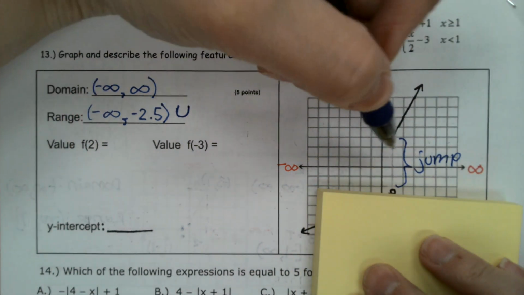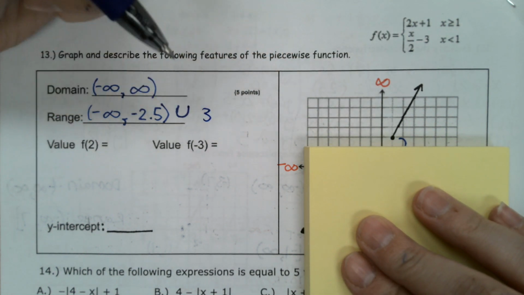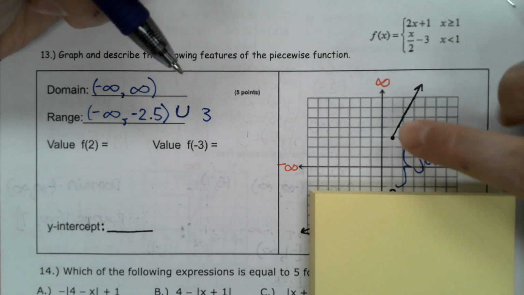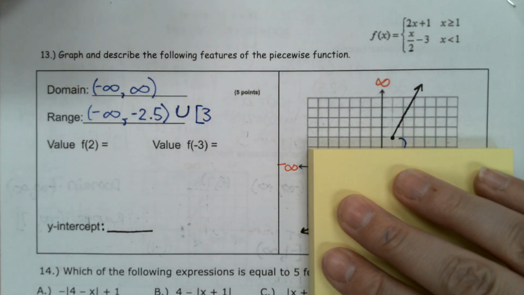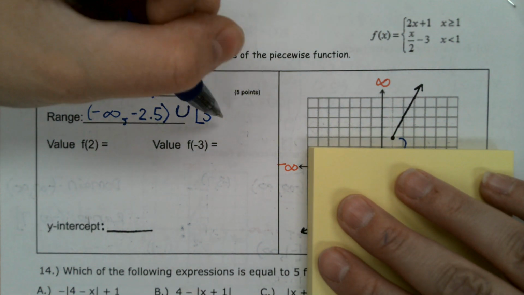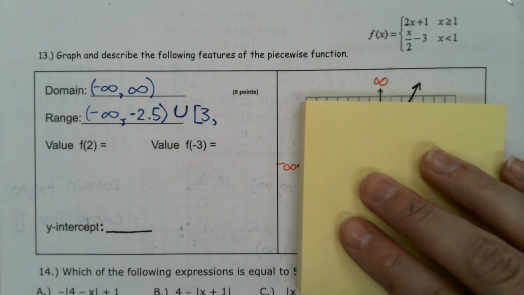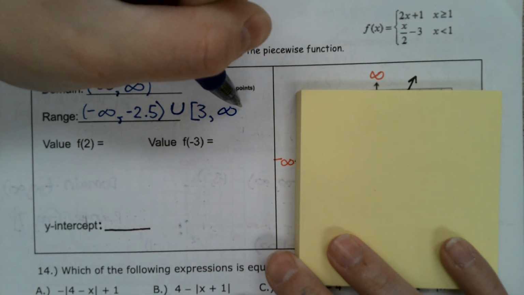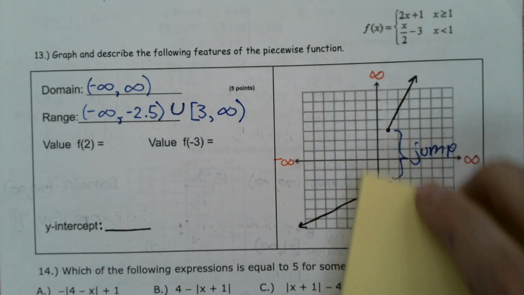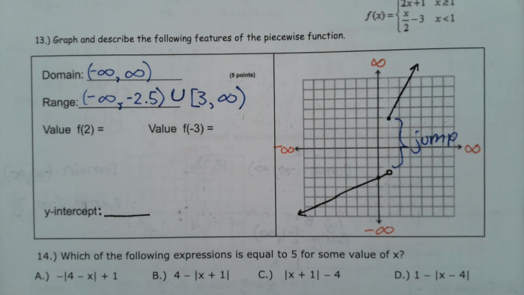And that looks like it is on 3. So we're going to start back up at 3. Since this is a filled in dot as opposed to open, we're going to put a bracket around this 3. And then let's see where it goes. Follow it up, it turns into an arrow pointing upward. It is going to infinity. Parenthesis for the infinity. So this is my range. Little wonky.